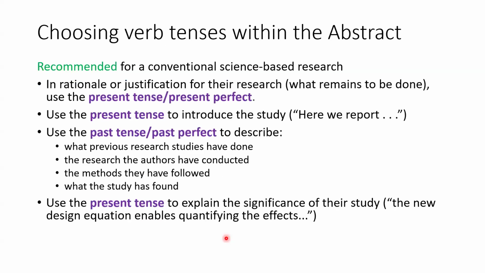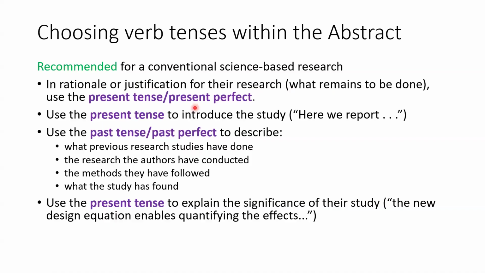And also, when you write the abstract, the verb tenses are also important, right? These are the recommended tenses for conventional science-based research. In the rationale or justification for research, that is when you say what remains to be done, use present tense and present perfect, right?